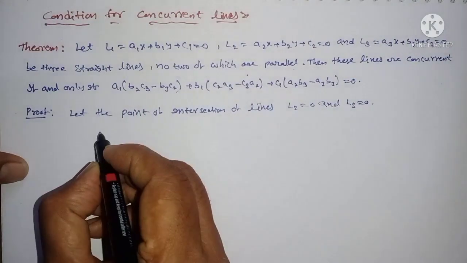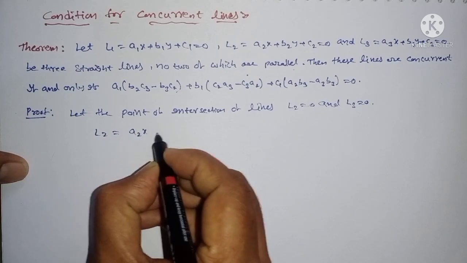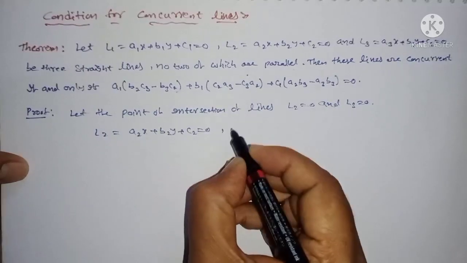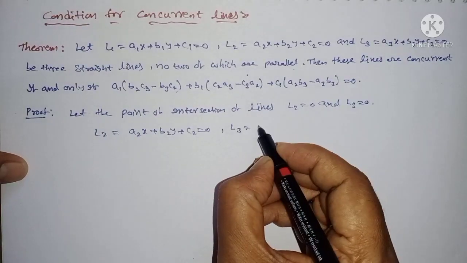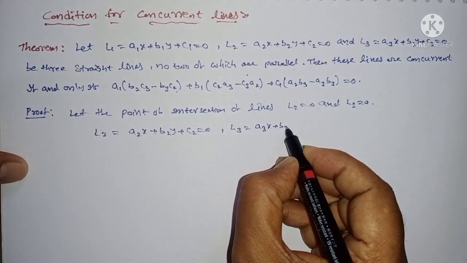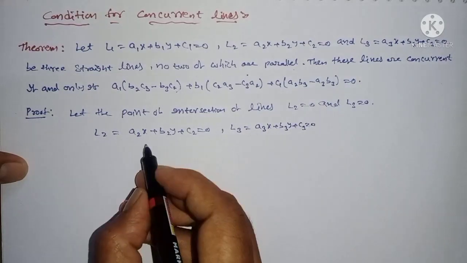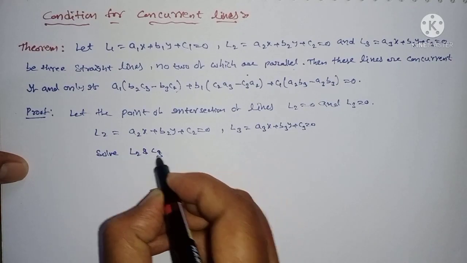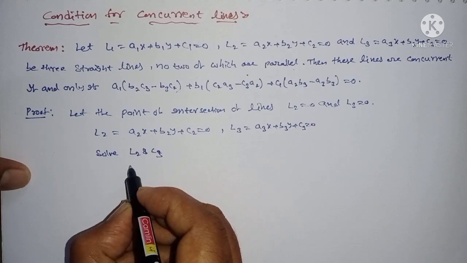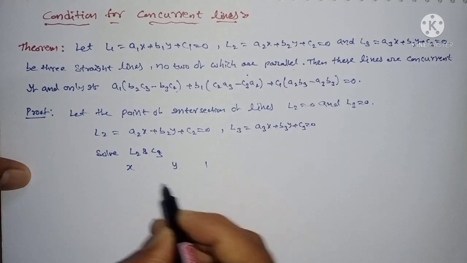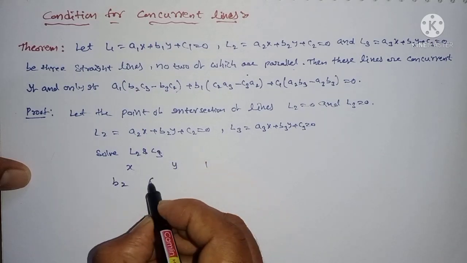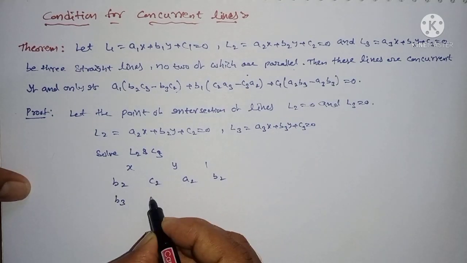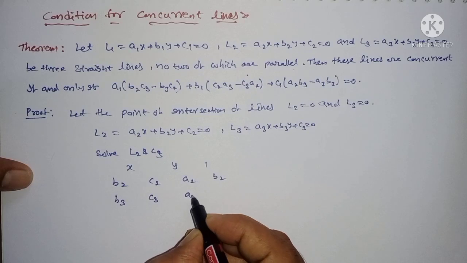Therefore L2 is a2x plus b2y plus c2 is equal to 0, and L3 is a3x plus b3y plus c3 is equal to 0. You can solve this L2 and L3. How can you solve? Same as x, y, constant. Therefore you can write here b2 c2 a2 b2 as it is, and b3 c3 a3 b3.